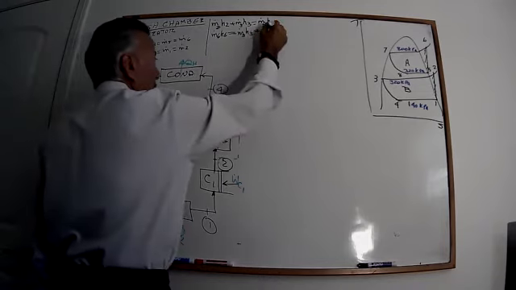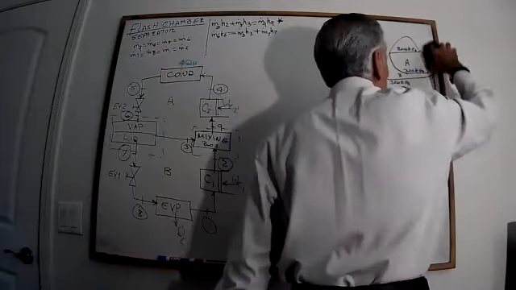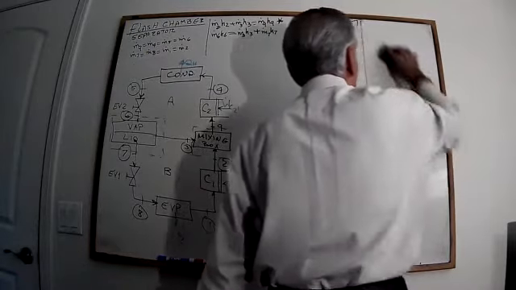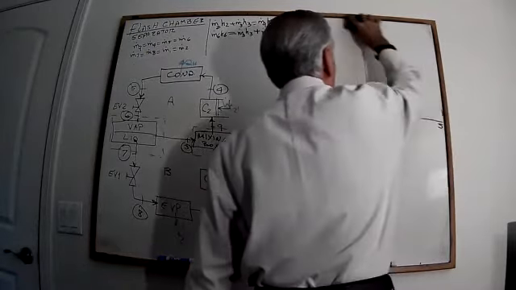Now, let's see how the TS diagram is going to look. This is point 1, going up to point 2. This is point 3, and this is point 9. Point 9 is between point 2 and 3 as far as the temperature is concerned.